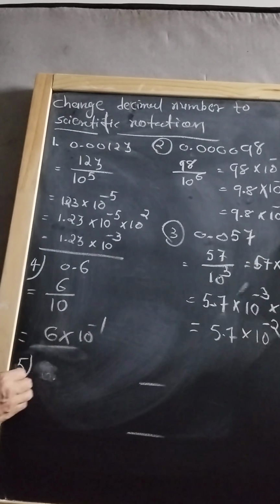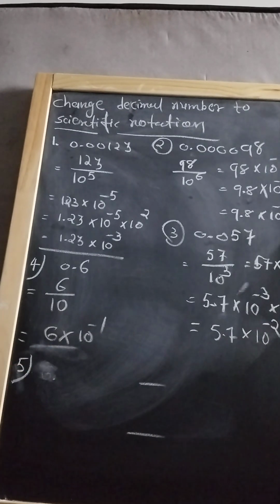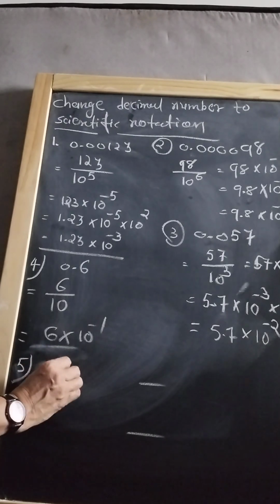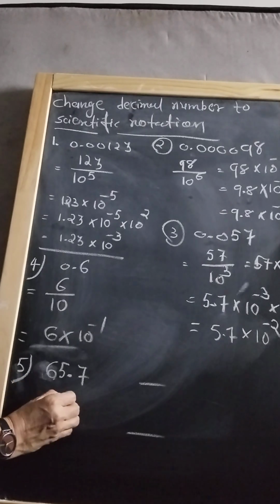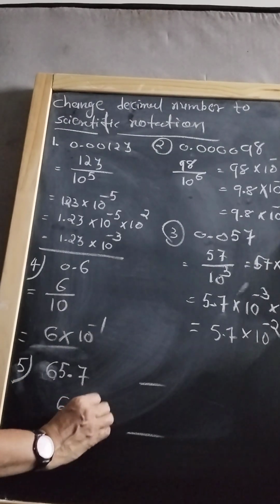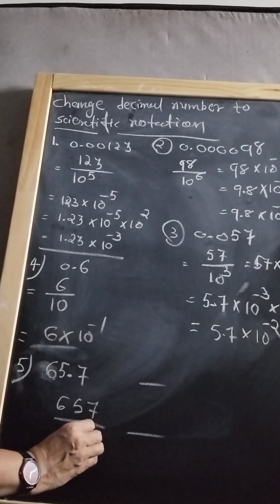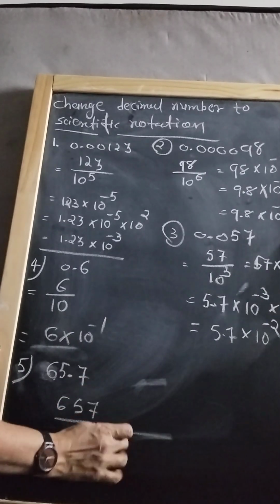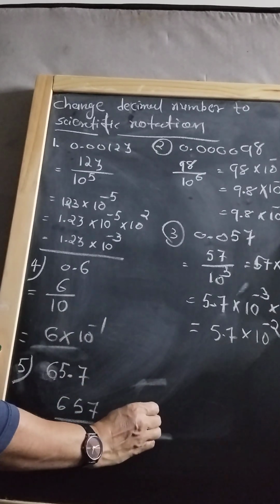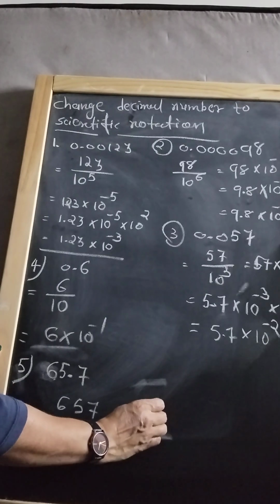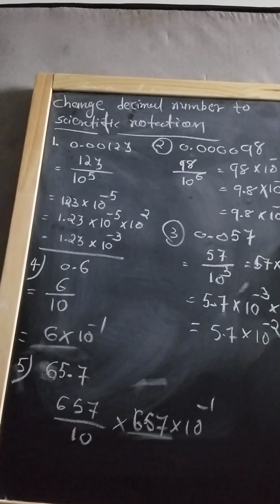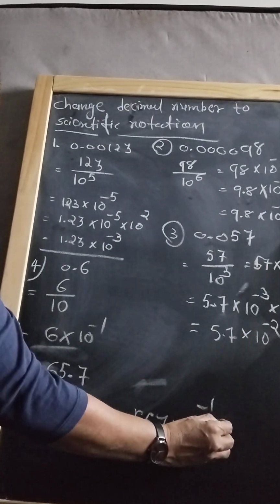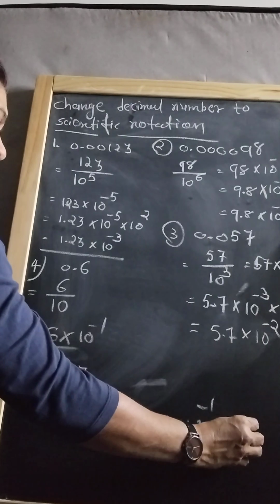Number 5, 65.7. No zeros, but we have to convert this number into a decimal fraction. So 657 over 10. I am taking 10 in the numerator. So 657 times 10 to the power of negative 1. If I create a coefficient for scientific notation, the decimal should be after 6.